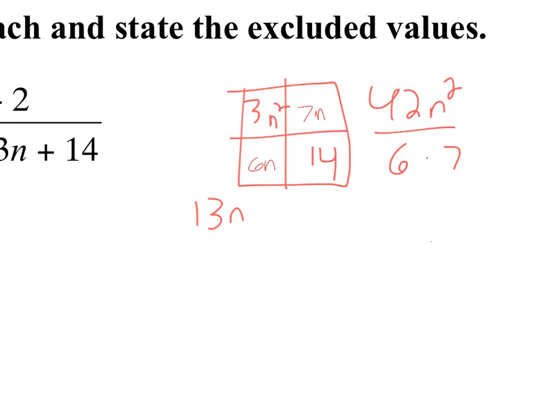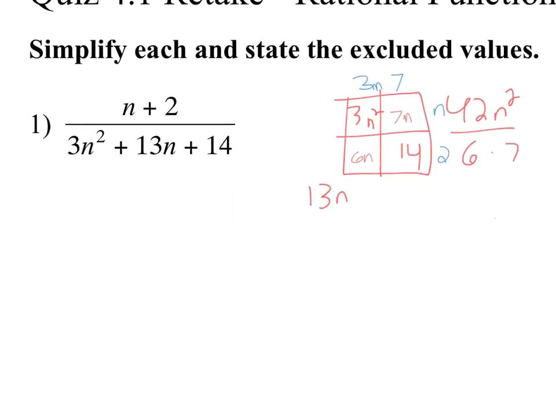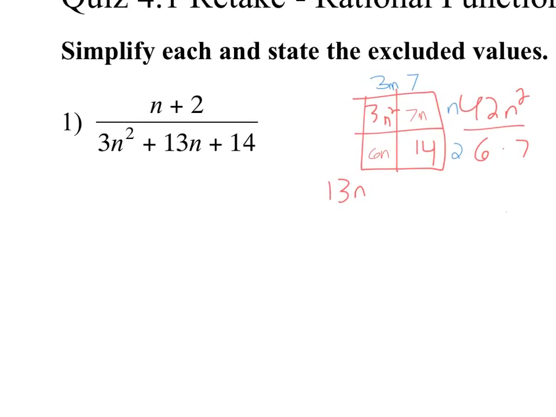And then I'm going to start factoring, so I'll factor out in blue. I see a common factor of 7 and n, so that's 2, and that's got to be 3n. So if I factor the denominator, there's an n plus 2 on top, and the factor on the bottom is a 3n plus 7 times n plus 2.